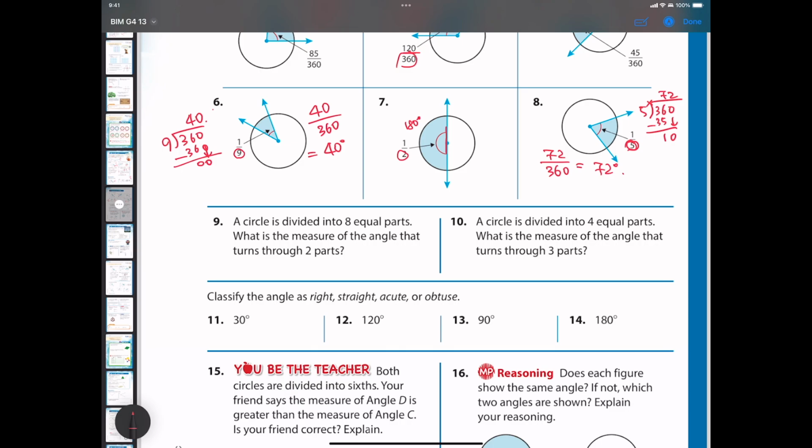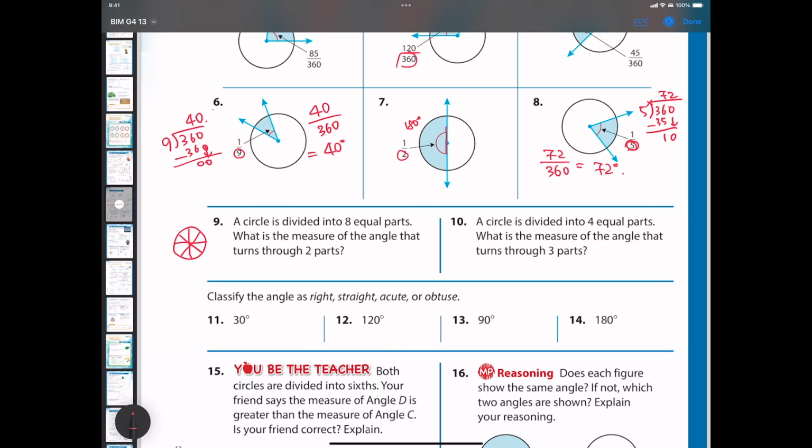Oh, so look at this. They are asking us to find out. Okay, a circle is divided into 8 equal parts, which is the pizza. When you eat pizza on pizza day, pizza is usually divided into 8 equal parts. And have you ever wondered what degree of the pizza you are eating?